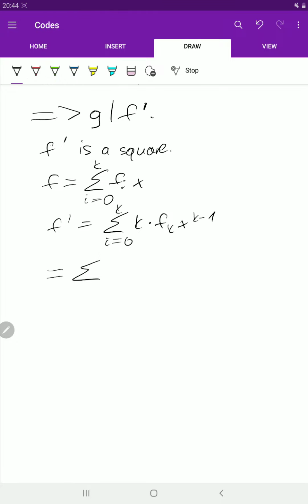f_i x to the i, and here, so here I times f_i x to the i minus 1.